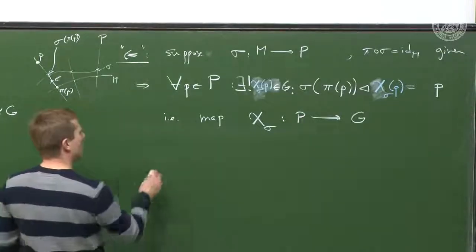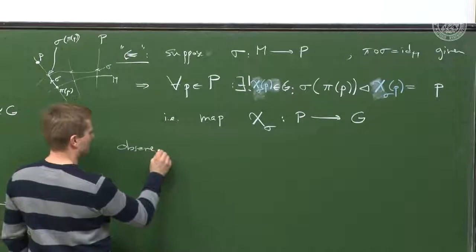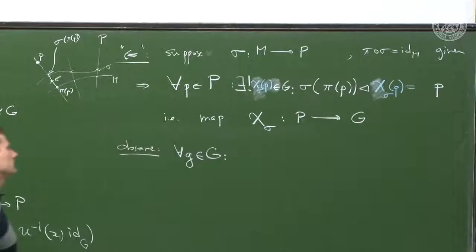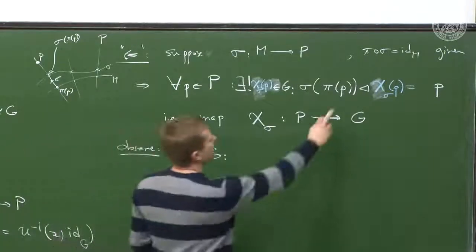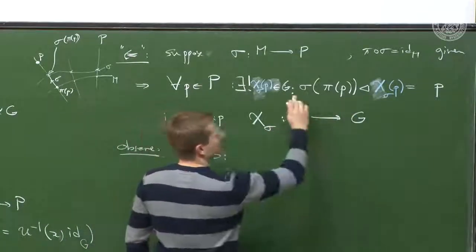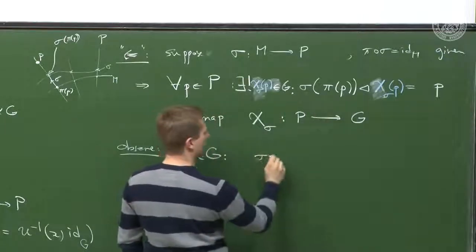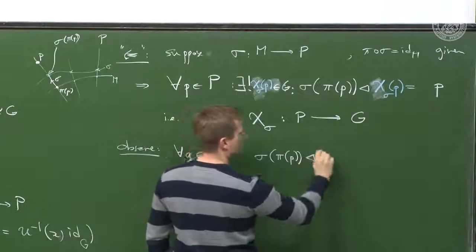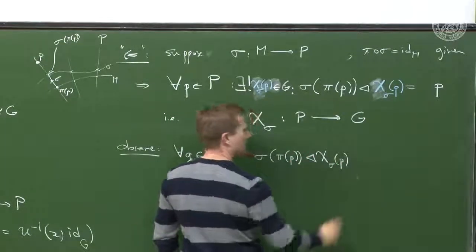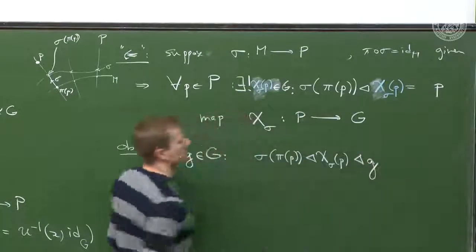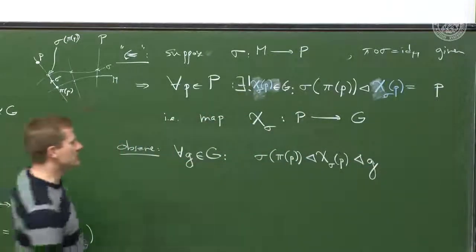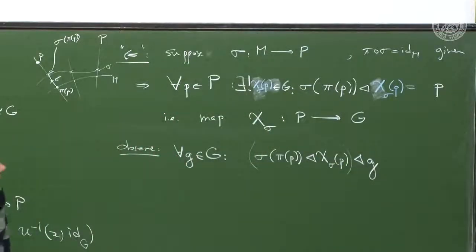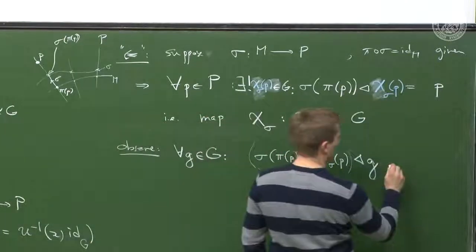So we have this. So now we observe that for any G in the group, we can look at this guy and act on it. So we take this equation and we act on it from the right. So we take sigma of pi of p, a right action, psi sigma of p, and for good measure we act again on the right with an arbitrary group element. We can do this, and although it can't be read in any other way, for our comfort, let's put brackets here. And, well, that's the left-hand side.